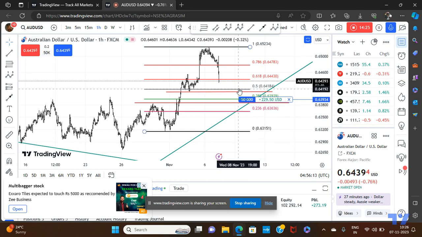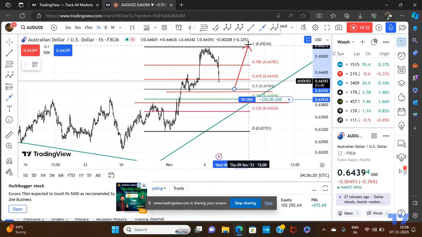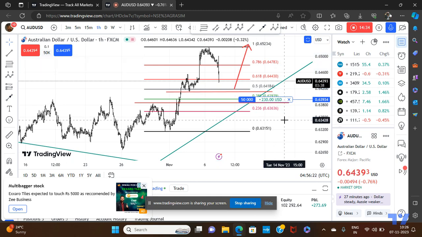The next move, the up move will be the strongest. This move will be the strongest move. One of the strongest moves, and you'll see gap up moves in this if this analysis is correct. Okay, subject to this analysis.